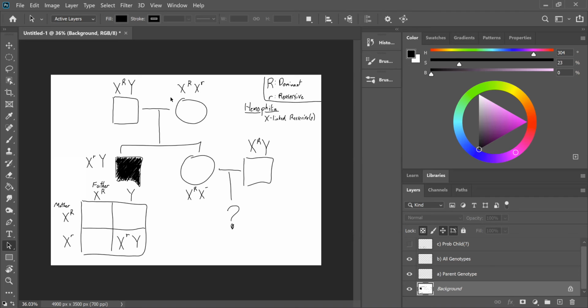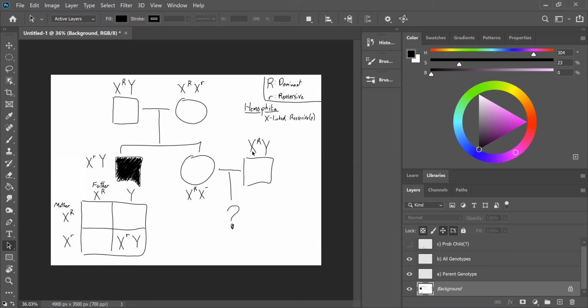Now we have to fill in the pedigree, which I made previously, with all of the genotypes for every person. We've already done Moira's brother and Moira's parents, so now we just need Moira and Johnny. I'll start with Johnny.